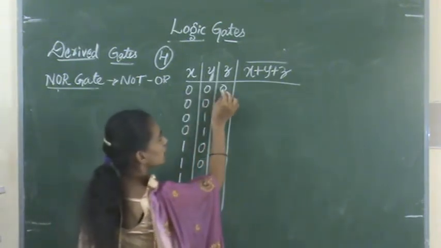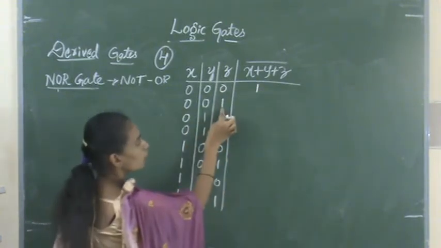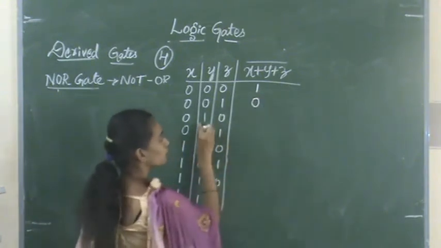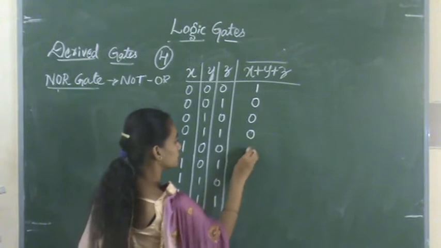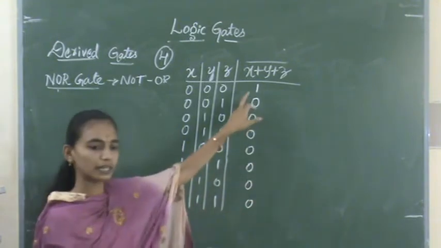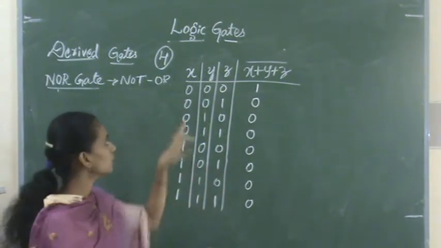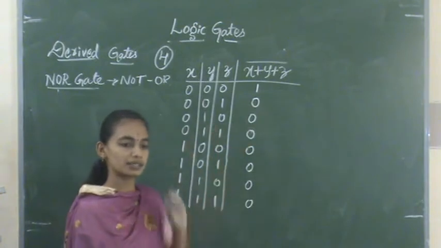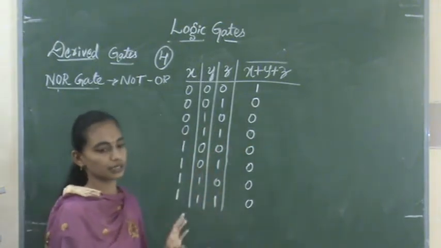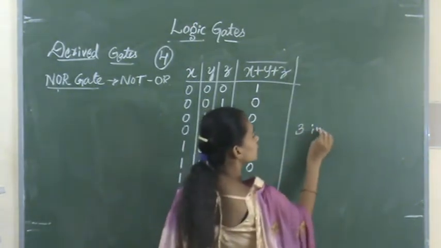So here all the inputs are 0, so the output will be 1. Here one input is 1, so this becomes 0, here 0. So for the NOR gate, if all inputs are 0, the output will be 1, otherwise it is 0. So this is the truth table for three input variables.